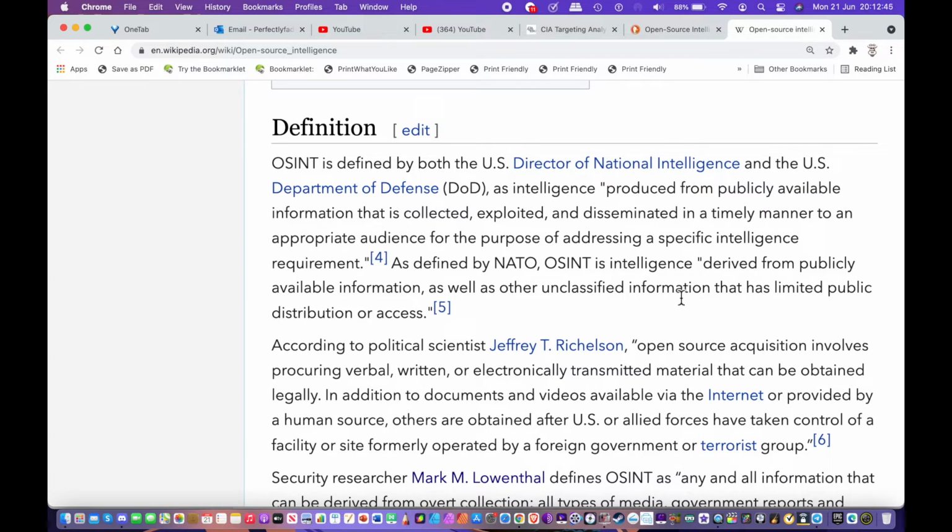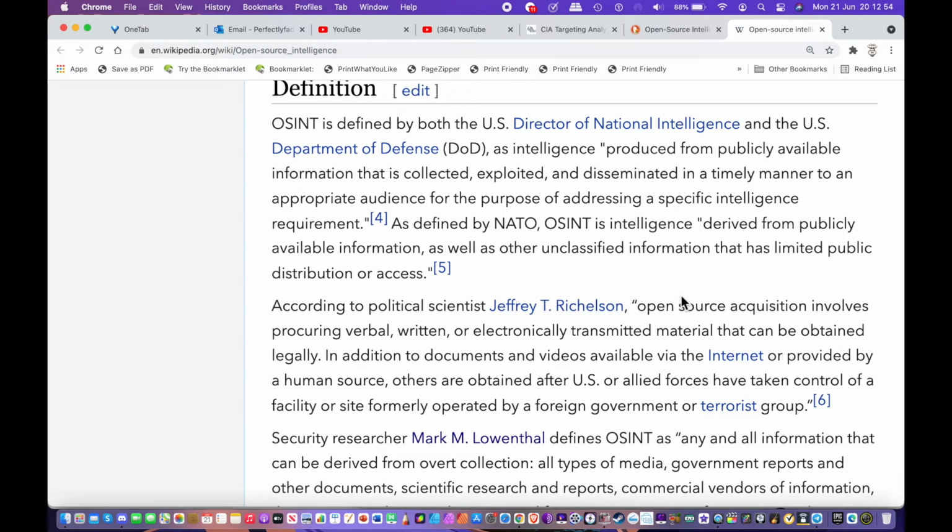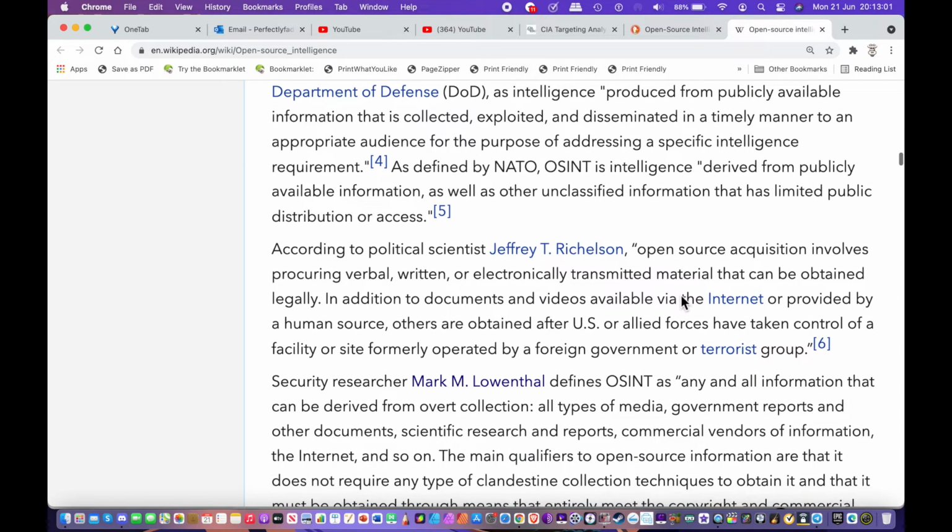As defined by NATO, OSINT is intelligence derived from publicly available information, as well as other unclassified information that has limited public distribution or access.